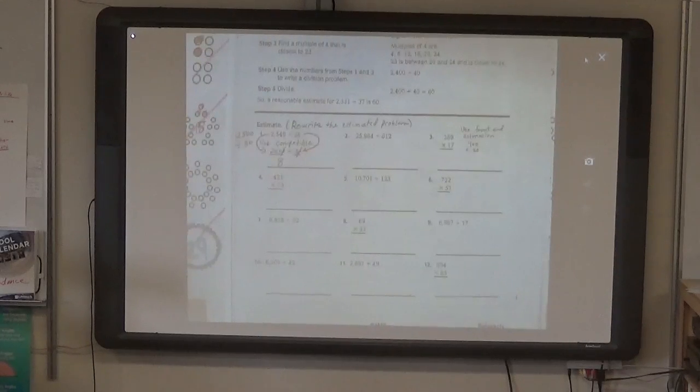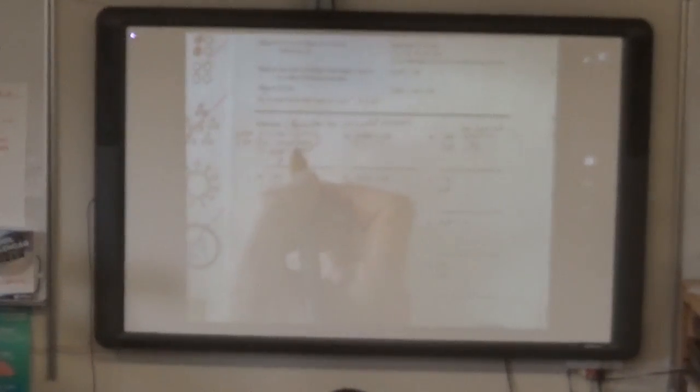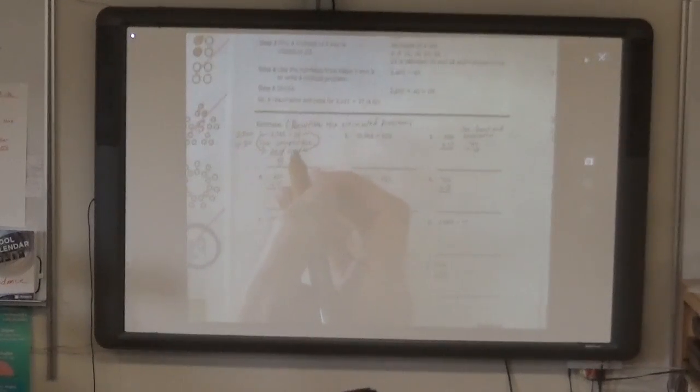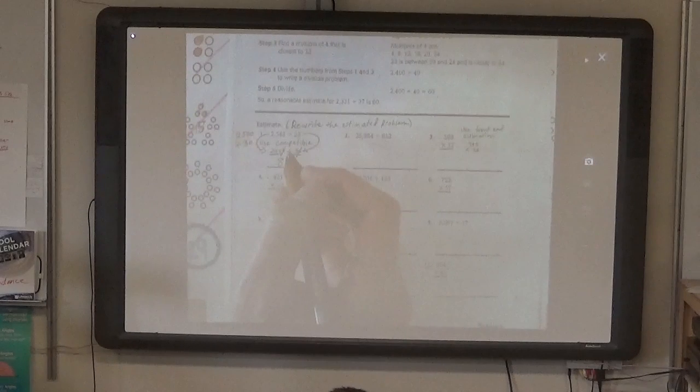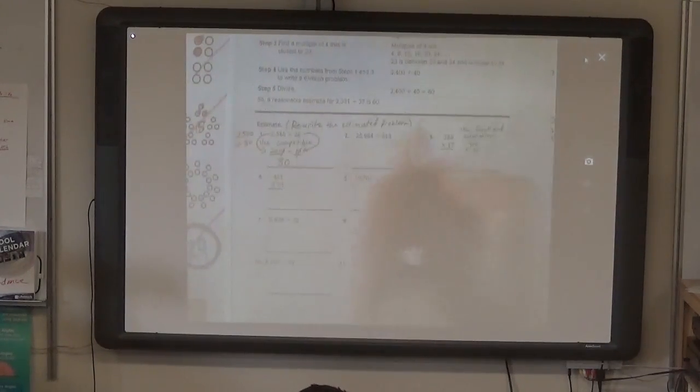Cross off a zero from each number, and that leaves 1 left over. You know what you do with the one that's left over? Jacob? You put it behind the 8? Yes. Very good. You put it in the answer. Put it behind the 8. 2,400 divided by 30 is 80. Okay? Let's do the next one.